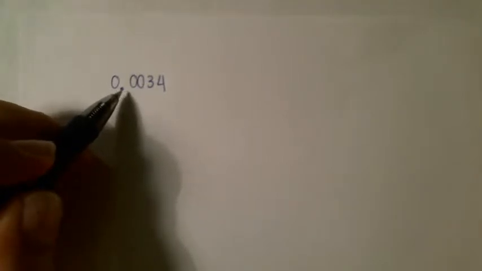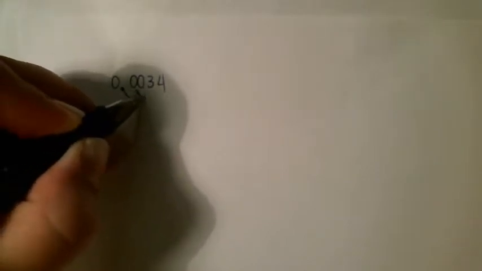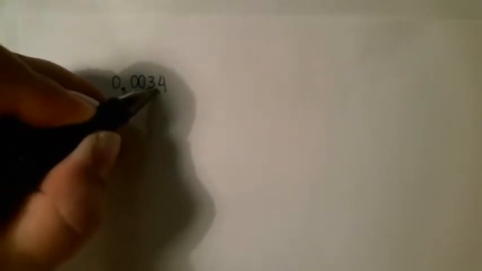Now let's look at writing a number in scientific notation that's less than 1. For example, let's look at 0.0034. In this case, the decimal is shown, and in order to write this in scientific notation, we need to hop the comma once, twice, 3 times, so that we end up with 3.4 times 10 to the power of something.